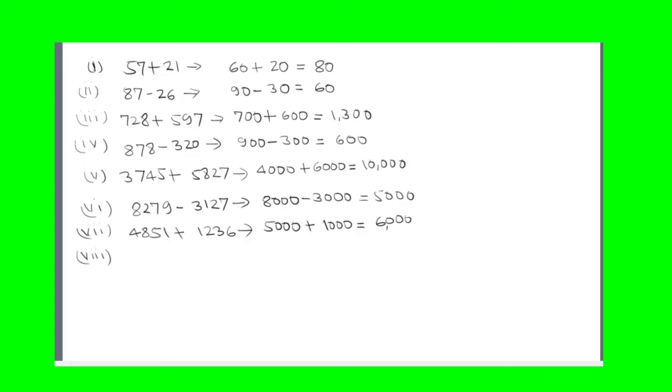Example 8 gives us 5375 minus 2955. So 5375 on rounding off to the nearest 1000 becomes 5000 minus 2955 becomes 3000. So 5000 minus 3000 gives us 2000.